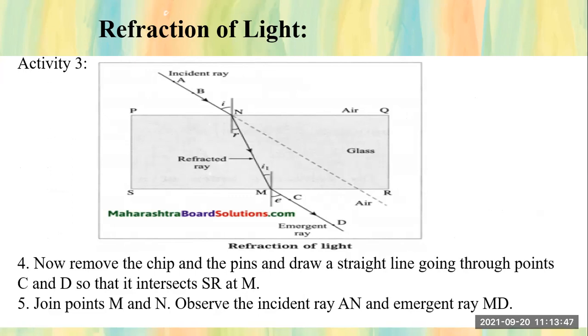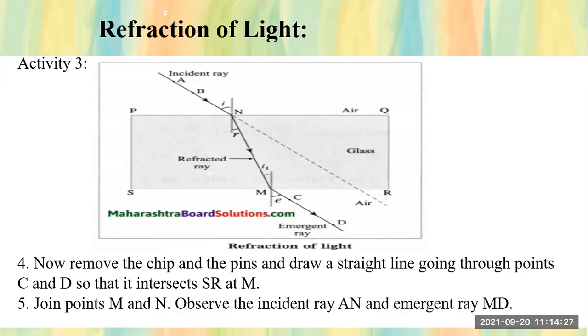From this side SR, I am watching these pins A and B, and I am putting 2 pins at the positions C and D, so that when I'm looking through the glass slab, it seems to be in a straight line with the pins A and B. By looking at the pins A and B through the glass slab, I have put pins C and D in the same line as A and B.